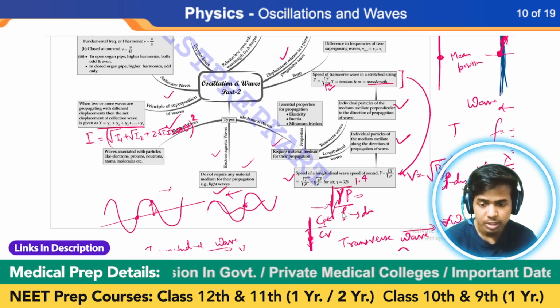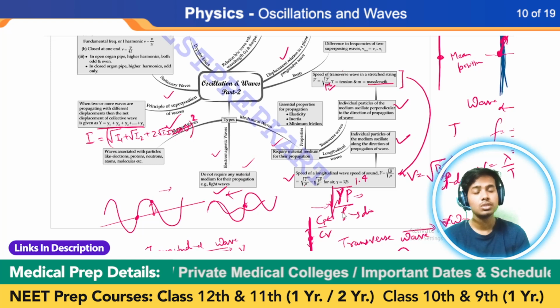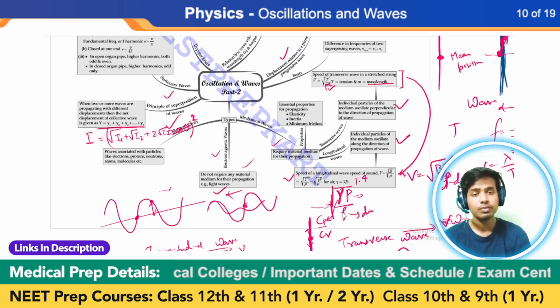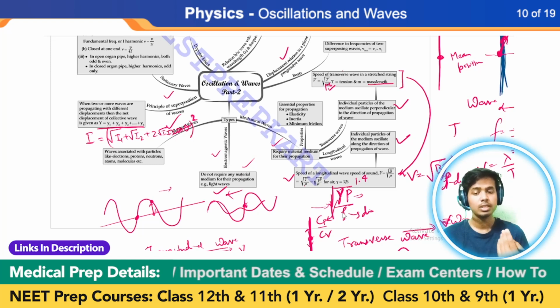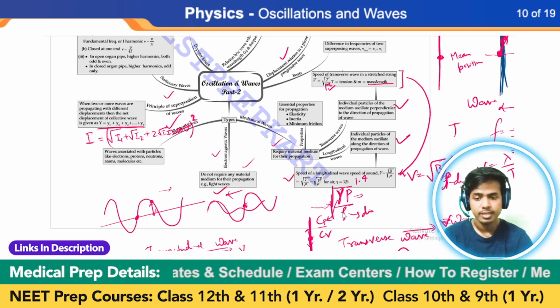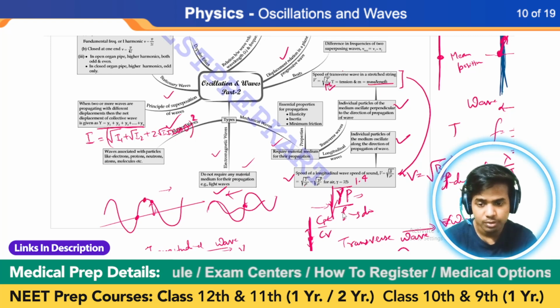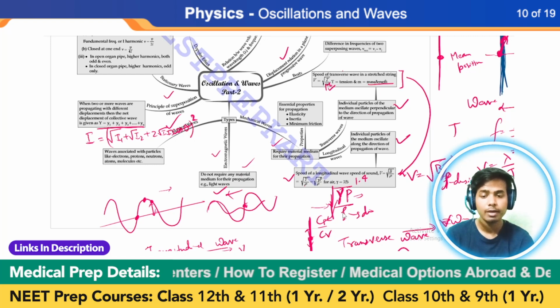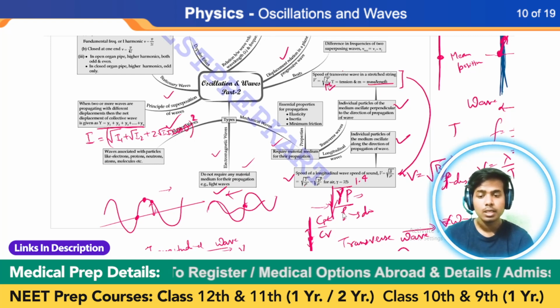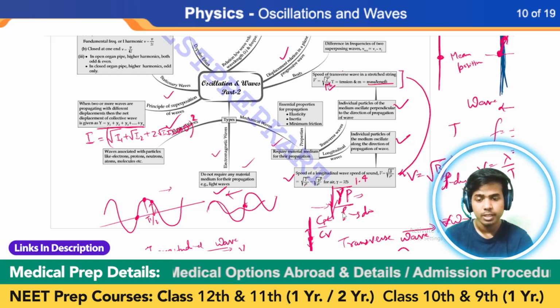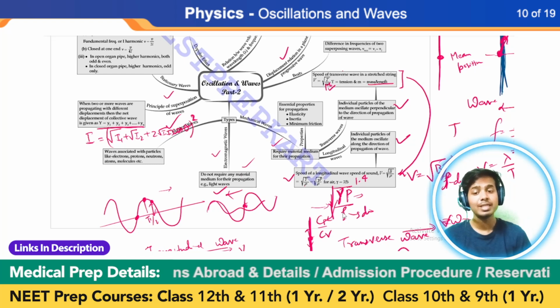If it is starting from this point, phi is going to be 0, and if it is starting from somewhere else, let's say the wave starts from here and we are monitoring it from a point here, then this is pi by 2, right? 90 degrees. That will become the initial phase angle.